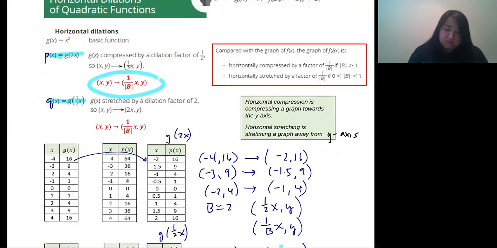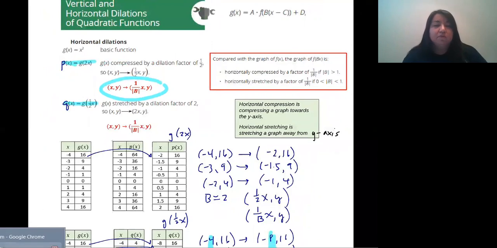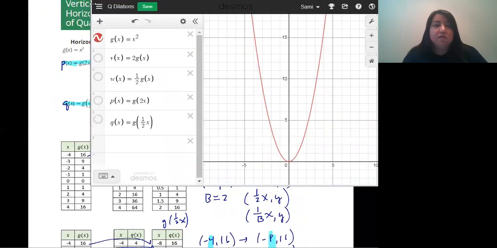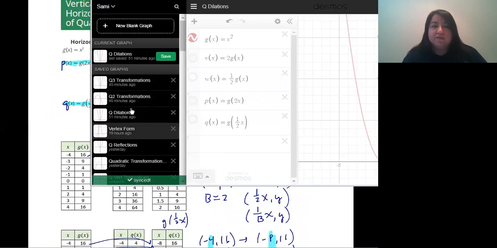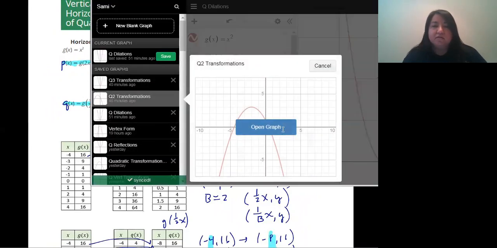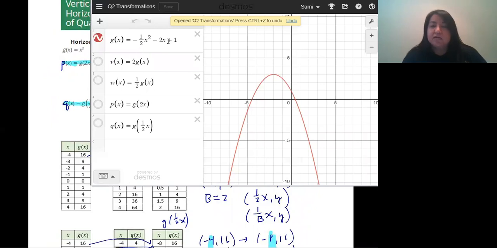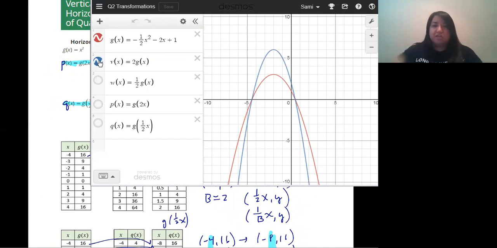Okay, so to show you what we were just talking about, we were doing these dilations when the basic function was x squared. But if the basic function is not x squared, what does that look like? So let's say I start with this quadratic function, and when I multiply 2 times g of x, notice that my graph is vertically stretching away from the x-axis.